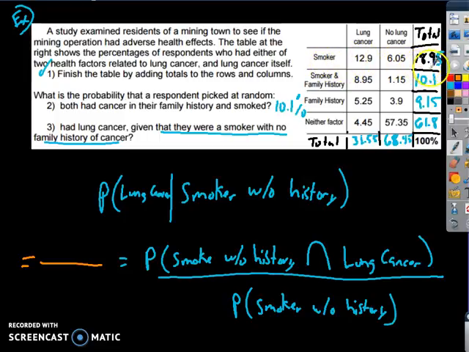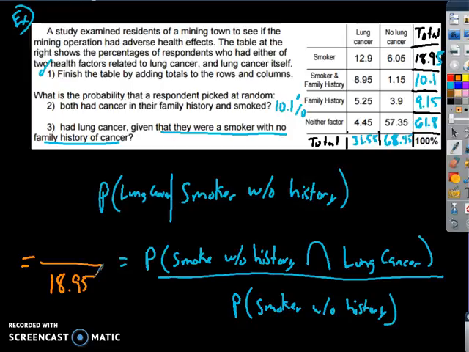So that total is 18.95. So all the people who smoke without a family history in the survey, the ones with cancer and without cancer, that's 18.95%. So on the bottom is 18.95%.